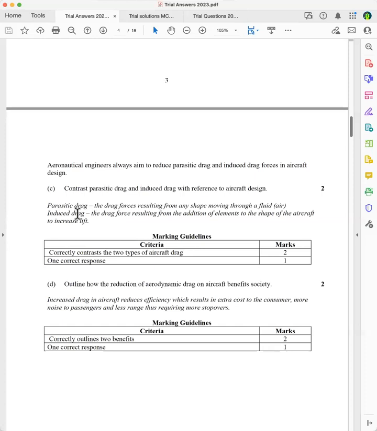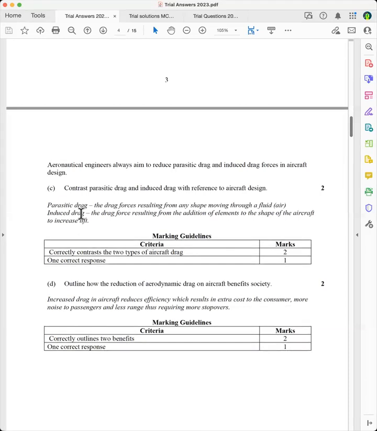For example, the wing, or the winglets, or the ailerons, or the rudder. That's what produces induced drag to allow the plane to fly. But the parasitic drag is just the drag associated with an object going through a fluid.